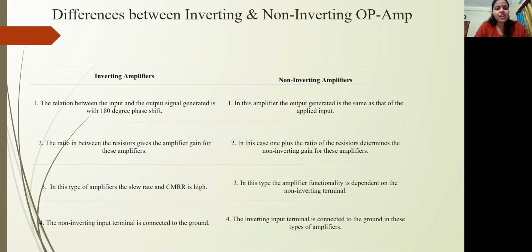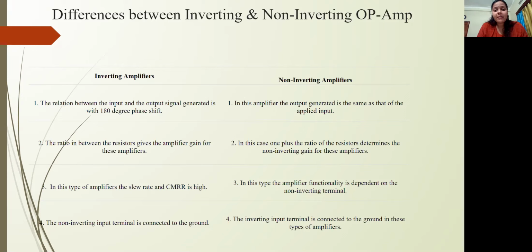Last part of this video, the difference between inverting amplifier and non-inverting amplifier. The relation between input and output signal in an inverting amplifier is with a 180-degree phase shift. That is why whenever a sinusoidal wave is provided, it generates a cosine wave.